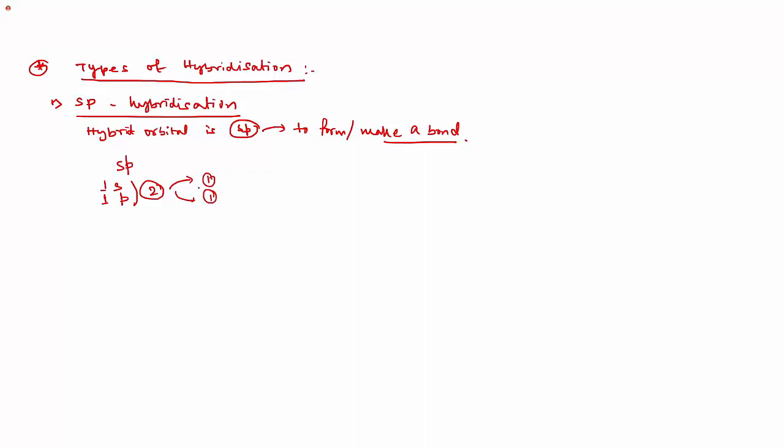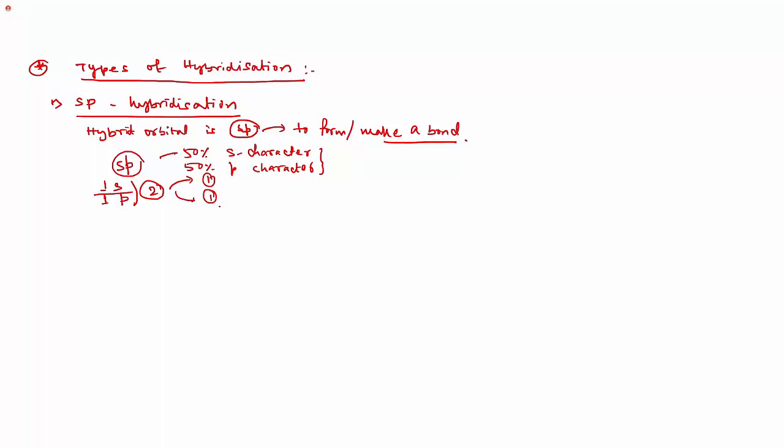In these sp hybridized orbitals, both the s and the p are still present. That means each sp hybridized orbital has 50% s character and 50% p character.